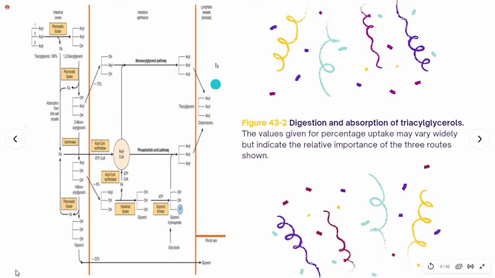It penetrates the diaphragm, goes up through the thorax, right into the left side of the body, and it connects with the left subclavian vein. So the lymph now mixes with the blood. That is how your triacyl glycerol absorbed from the small intestine goes into the blood.